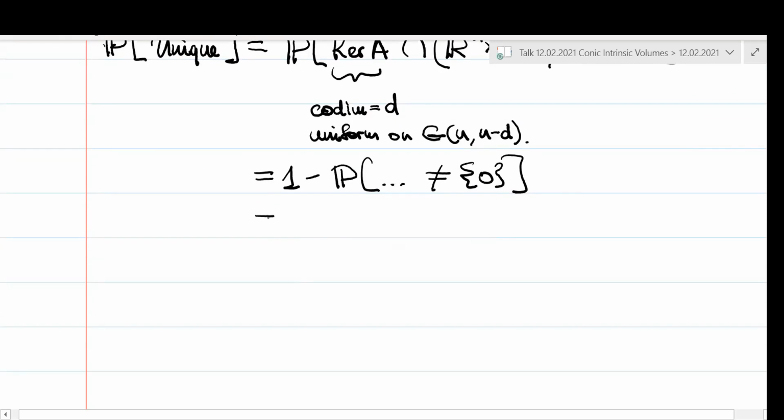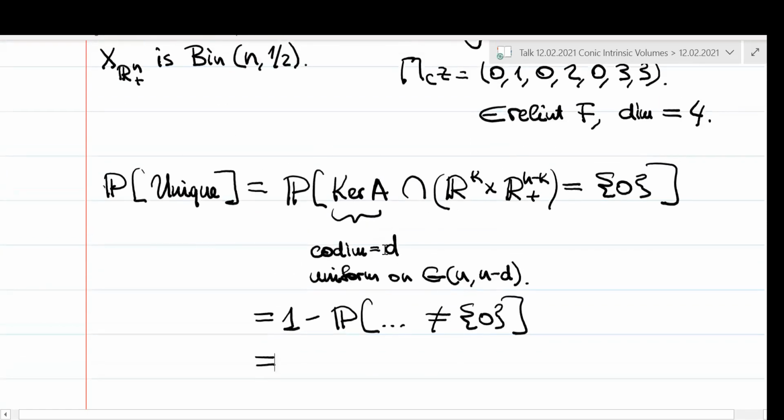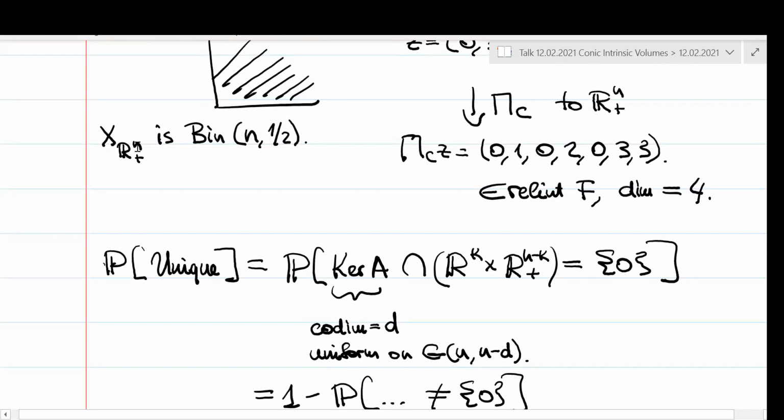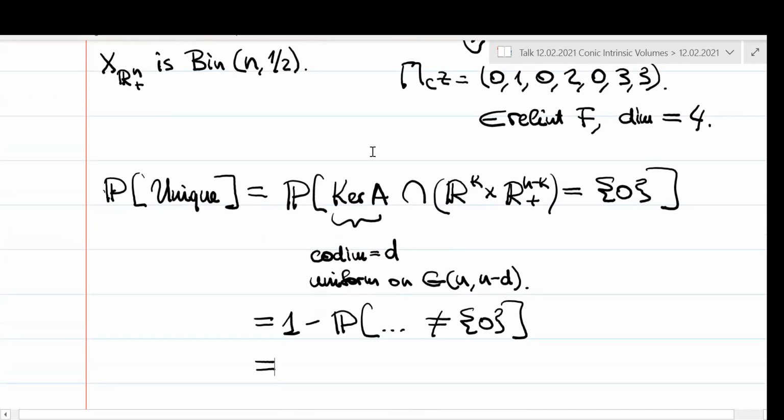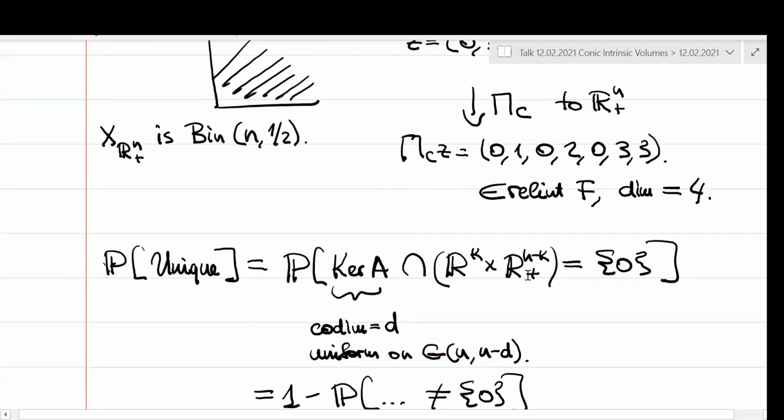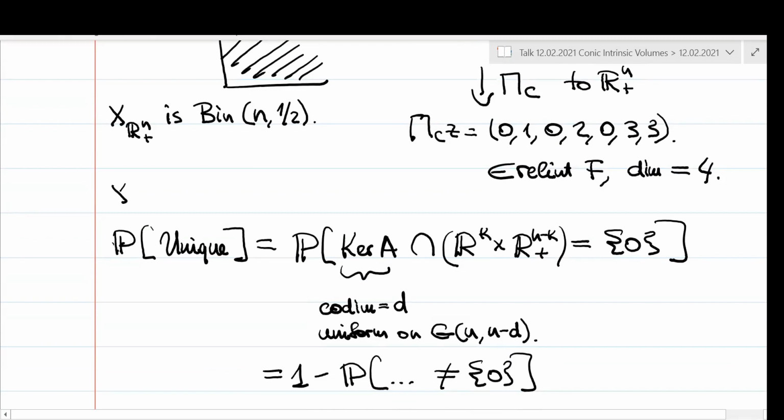And now we can write it using the random variable. But we need actually a random variable corresponding to this cone rather than to this one. So let us look at the cone R^k times R^(n-k)_+, a direct product.